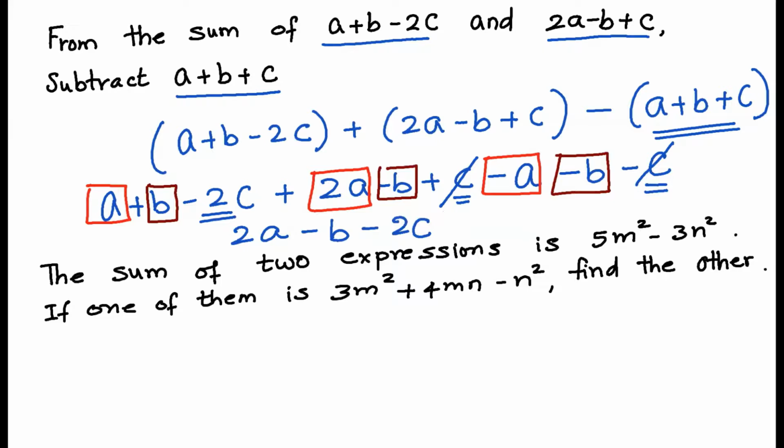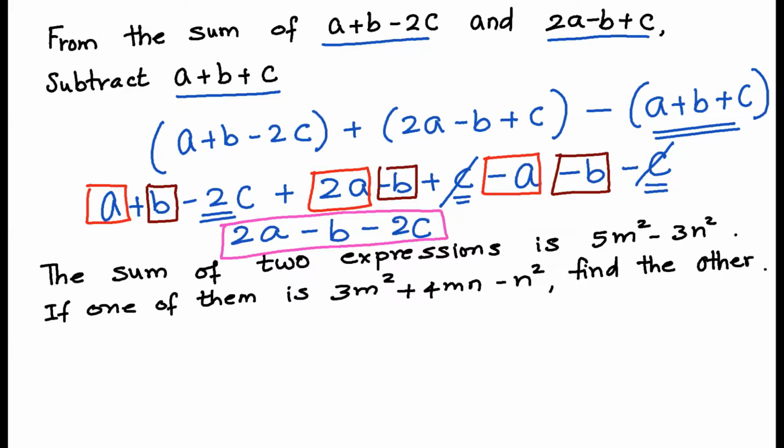So my resulting polynomial, when I add a plus b minus 2c and 2a minus b plus c and subtract a plus b plus c, is going to be 2a minus b minus 2c. I hope this is clear. Let's go ahead and take a look at the next problem.